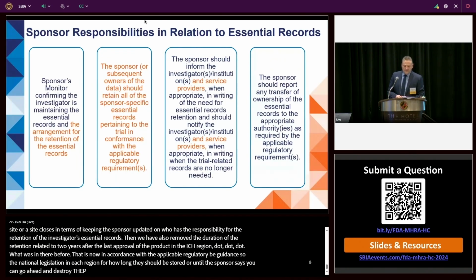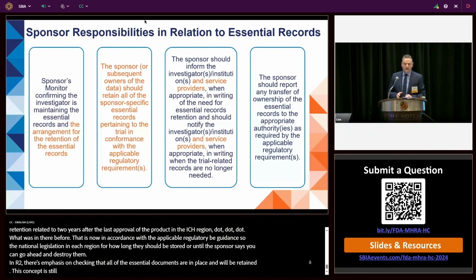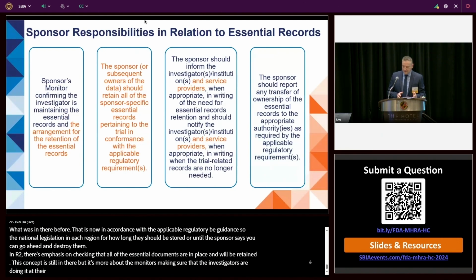In R2, there was emphasis placed on the monitor for checking that all the essential documents were in place and would be retained. This concept is still in there, but it's more about the monitors ensuring that investigators are doing that at their sites. And so there's new text in here in orange that you'll see on the slide, and that relates to the sponsors making arrangements for the retention of their essential records.